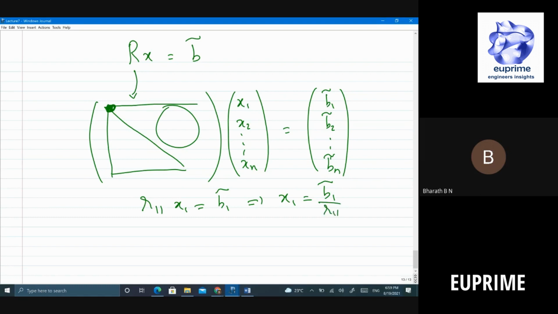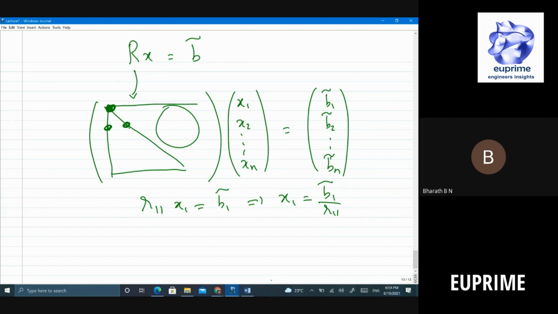What happens to the second one? We saw this, right? There are two terms here. R21 times X1 plus R22 times X2 is B2 tilde, right? Is that fine? Is that clear? So keep doing that.